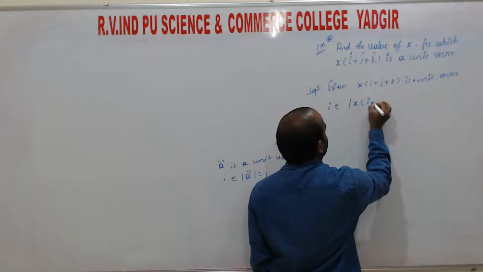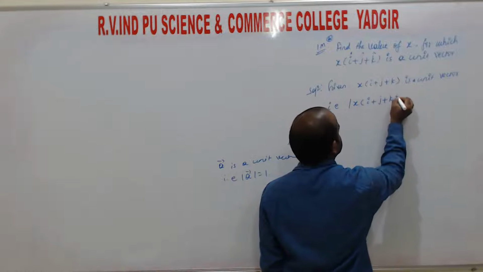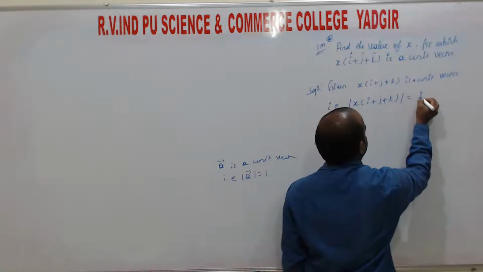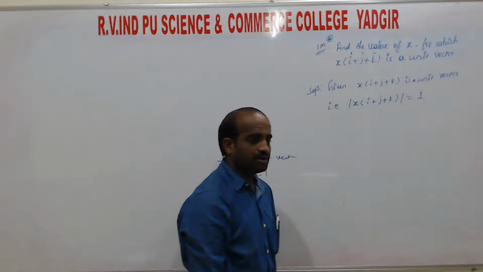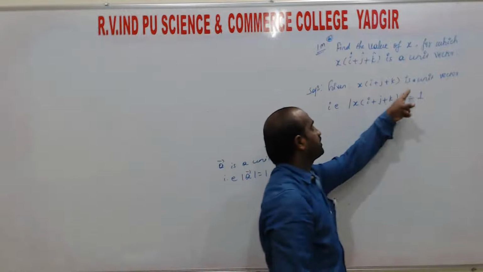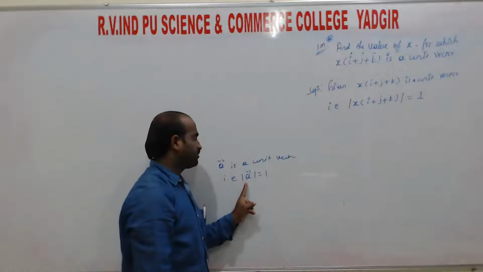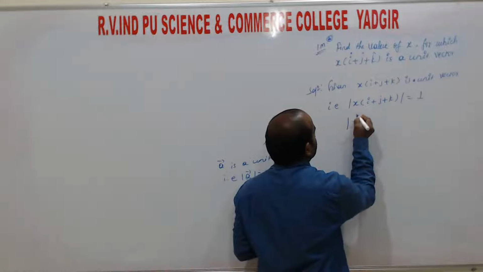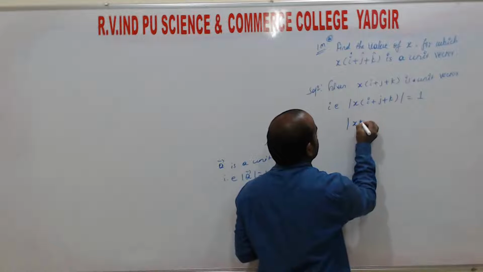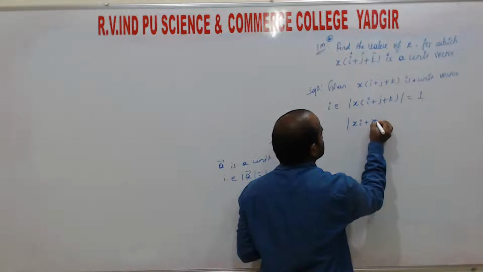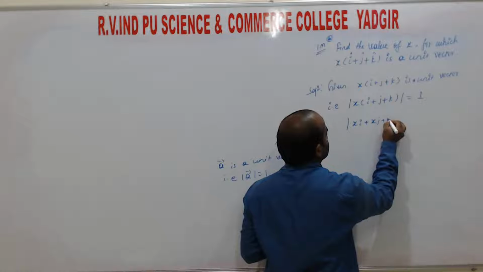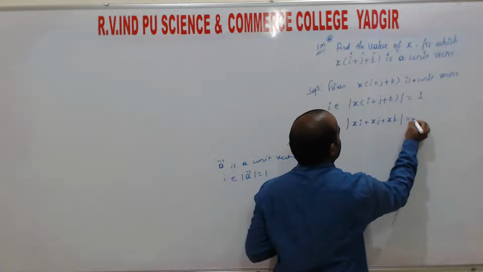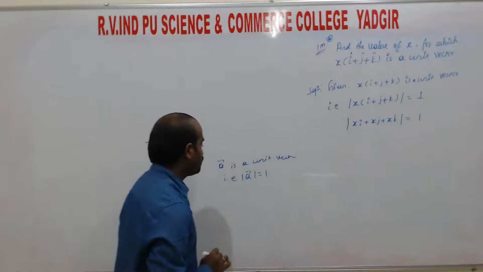Magnitude of x times (i plus j plus k) is equal to 1. Magnitude of xi plus xj plus xk equals 1.